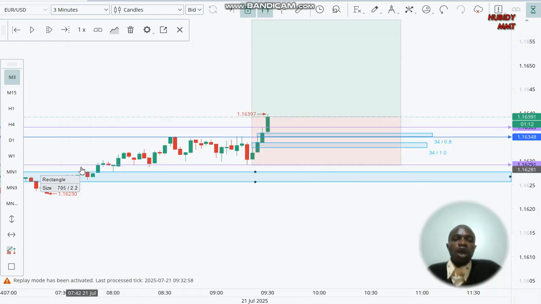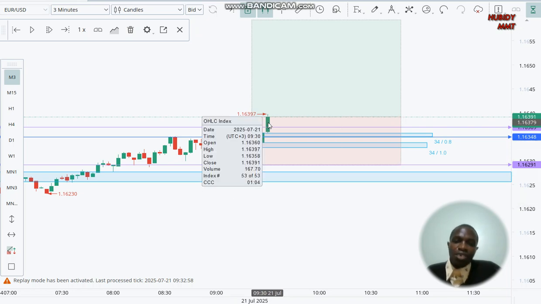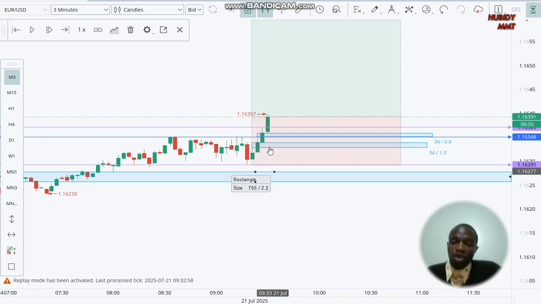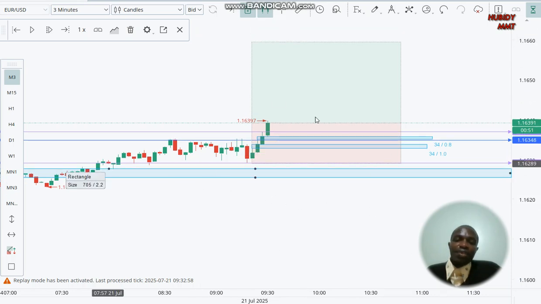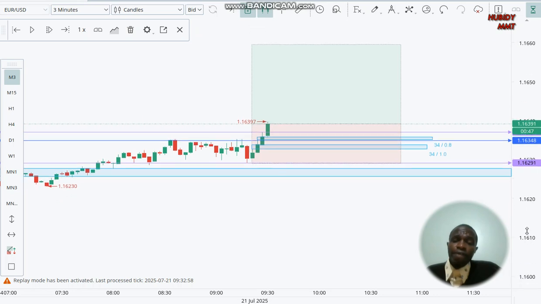So for our 4-hour profile, the trade duration is actually 2 hours. In this case, the time is 9:30. Our 4-hour candle started at 8, so 8 to 9, 9 to 10. We still have 30 minutes to 10 before the 2 hours elapse. So the trade had to run over.